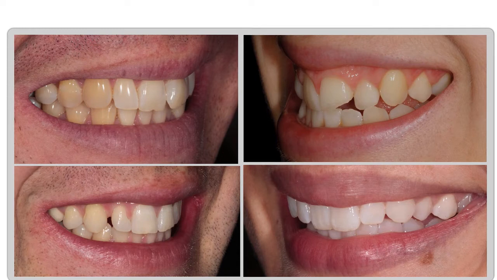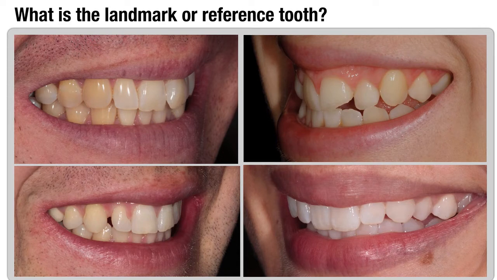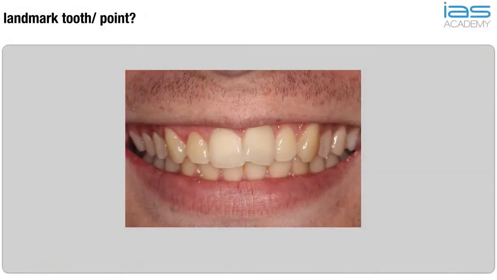They may be too lingual. Now, why we want that is we want to try and potentially maintain that point, so that when the teeth are aligned, we don't risk flaring them all, or we don't risk over-contracting them. If you don't look at these images, look at the face, look at the lips, you can't tell that. So the landmark tooth is very important, or the reference point we may call it as well.